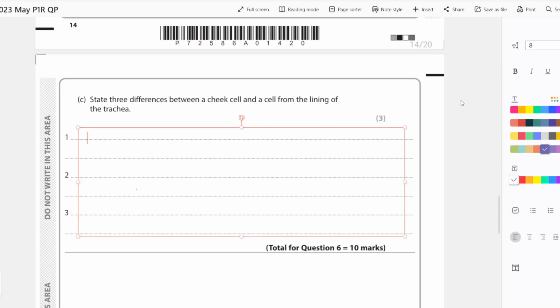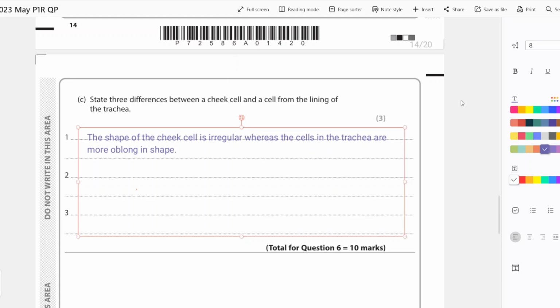So the first difference is the shape of the cheek cell is irregular, whereas the cells in the trachea are more oblong in shape.